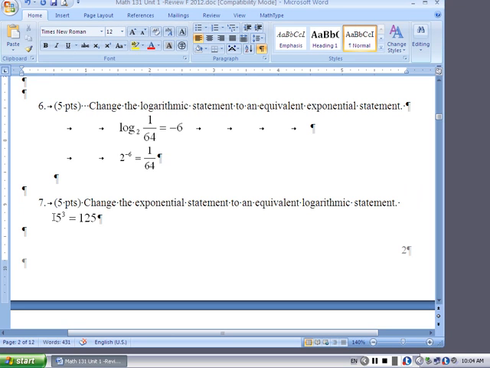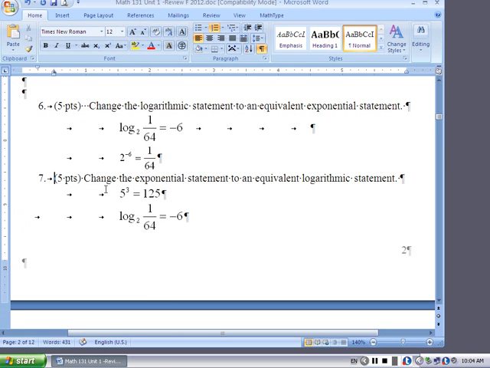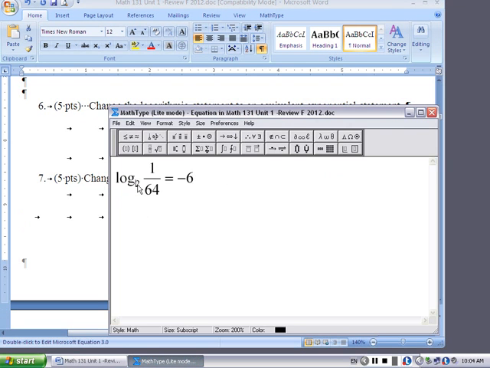5 cubed equals 125. And they want us to write it in logarithmic statement. What is the base? 5 is the base. Okay? All right, so you would like to write it so that the base here is 5.